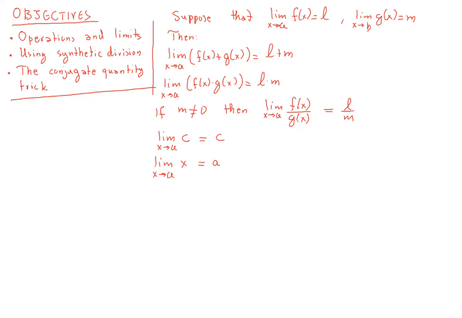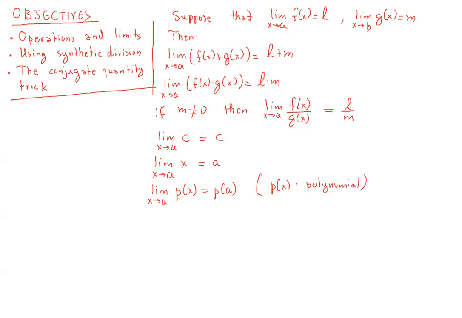But what is important here is to understand that the limit as x tends to a of p of x for any polynomial function is equal to just p of a. So you want to find the limit for a polynomial function. All you need to do is just plug in. And why?